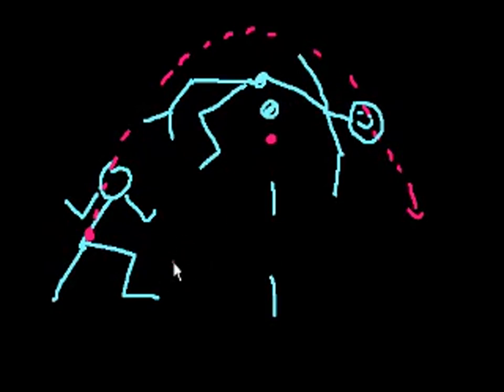And because of that, you can clear a bar without having your center of mass go as high as the bar. And so you need less force to do it. Or another way to say it, with the same force, you could clear a higher bar. Hopefully I didn't confuse you, but that's exactly why these high jumpers arch their back, so that their center of mass is actually below the bar, and they don't have to exert as much force.